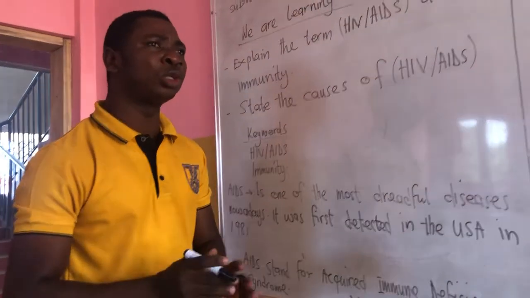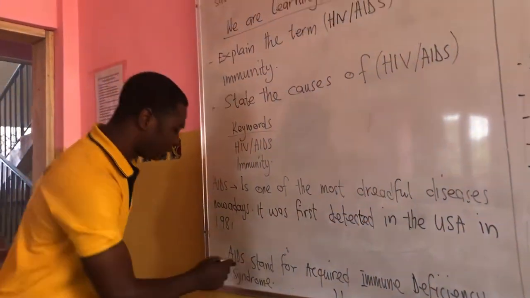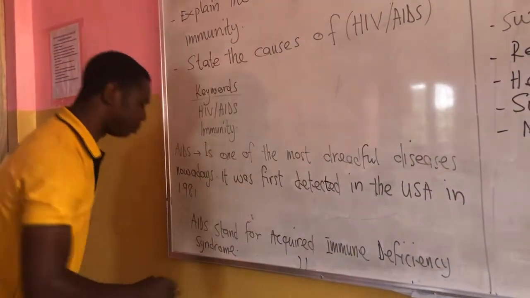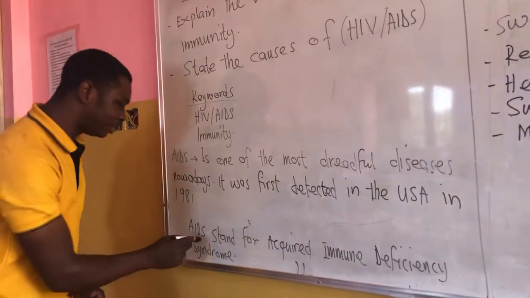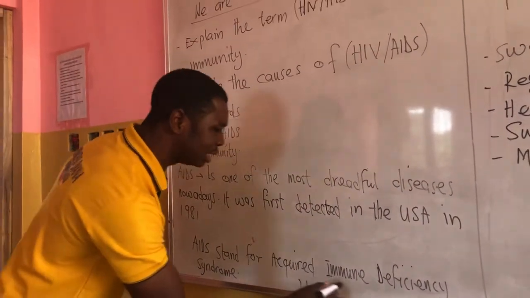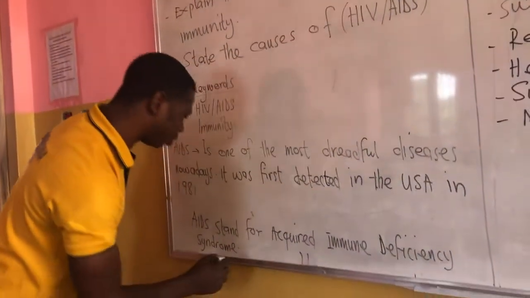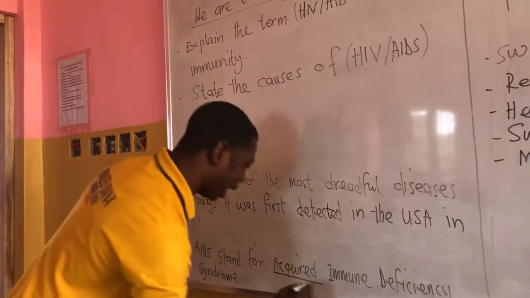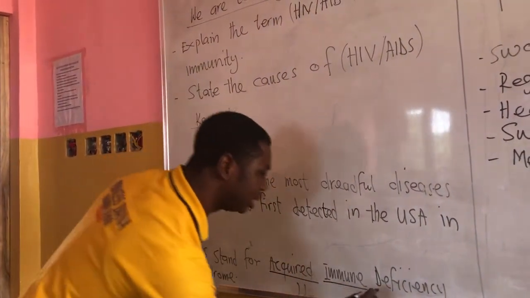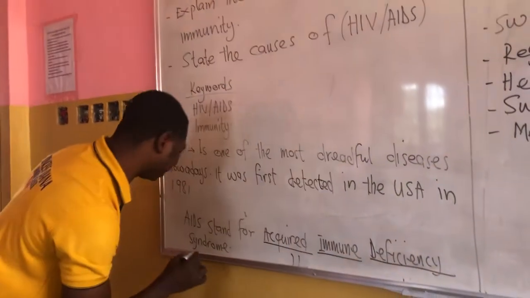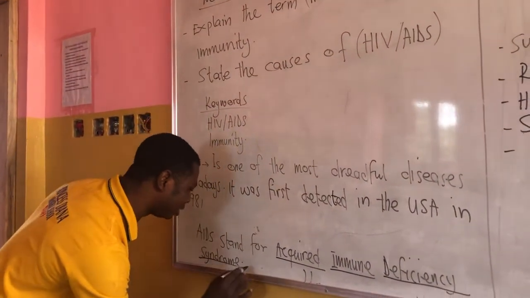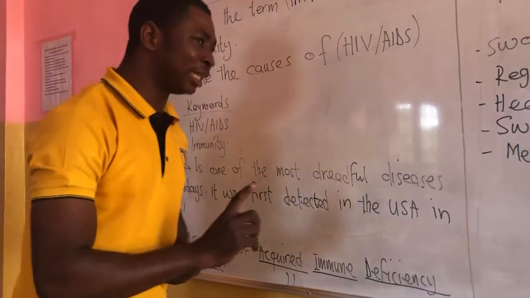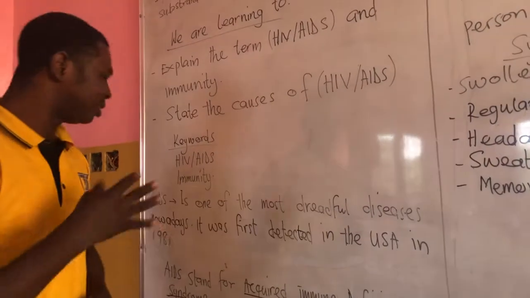AIDS itself is an acronym, and it stands for Acquired Immune Deficiency Syndrome. So A means acquired, I means immune, D means deficiency, and S means syndrome.